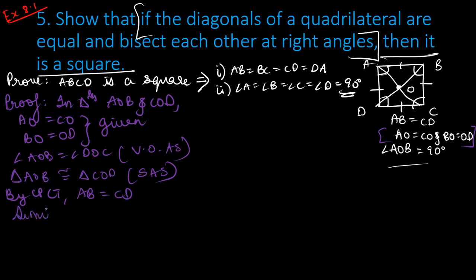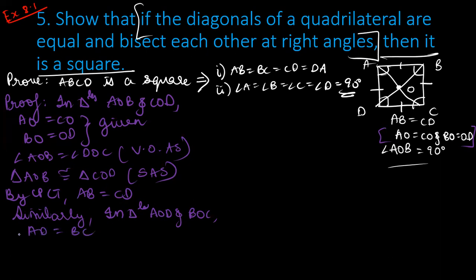Similarly, I can say that in triangles AOD and BOC, AD is equal to BC.